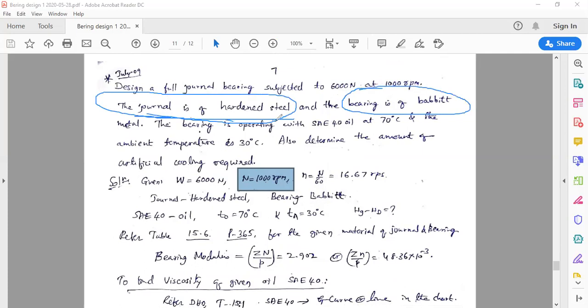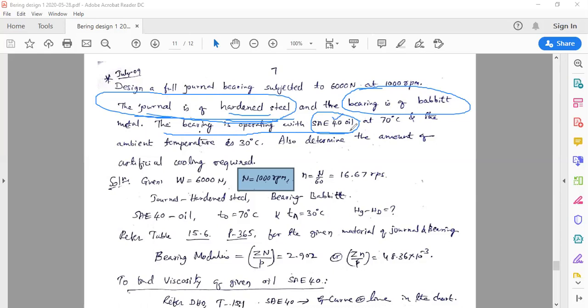The bearing is operating with SAE 40 oil. So instead of giving the specific absolute viscosity, SAE 40 oil is given.